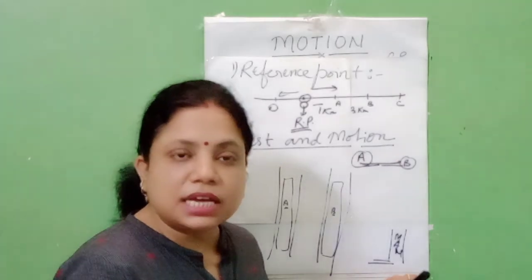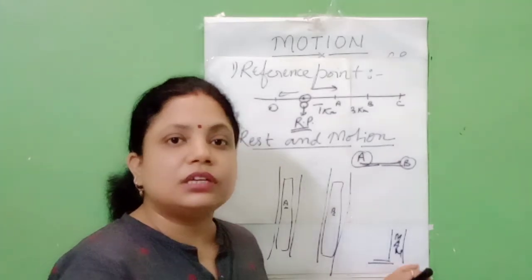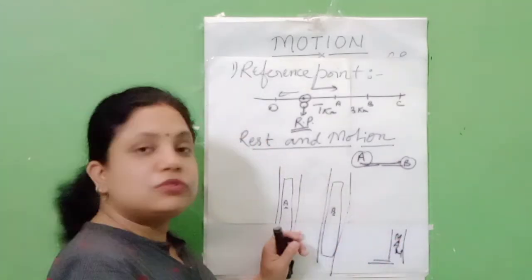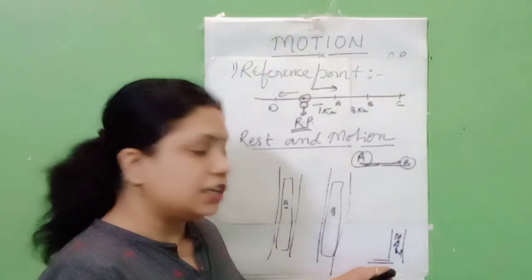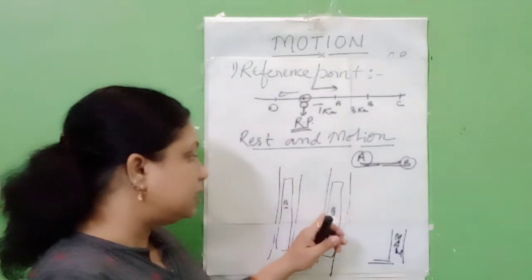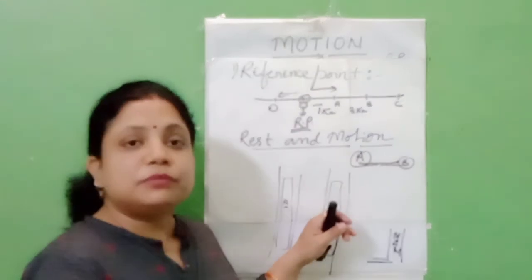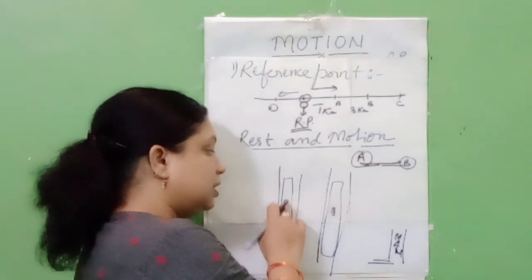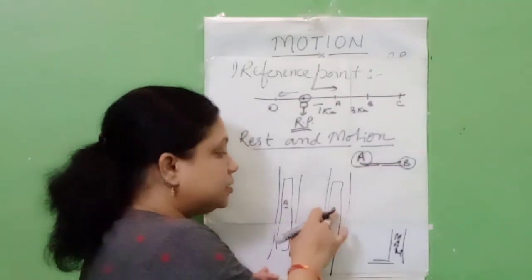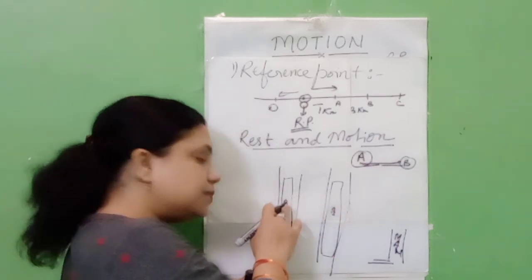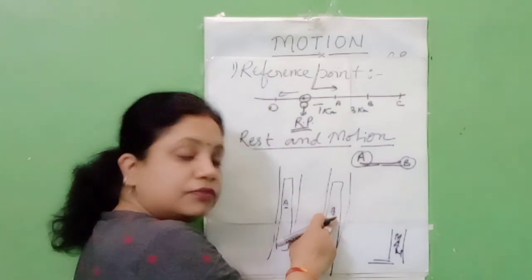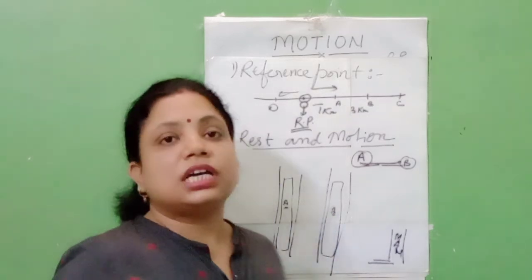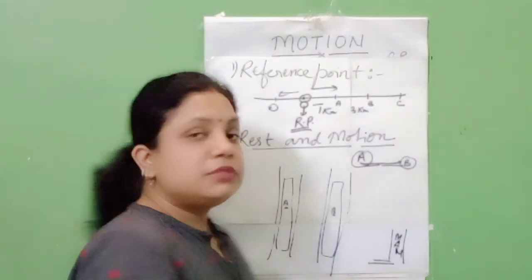Here this man is the reference point from which we are observing the two trains, and the trains are in motion with respect to him. But A and B are at rest, because A is observing with reference point B and B is observing with reference point A. So A is at rest and B is also at rest. Fine. So rest and motion are relative terms.